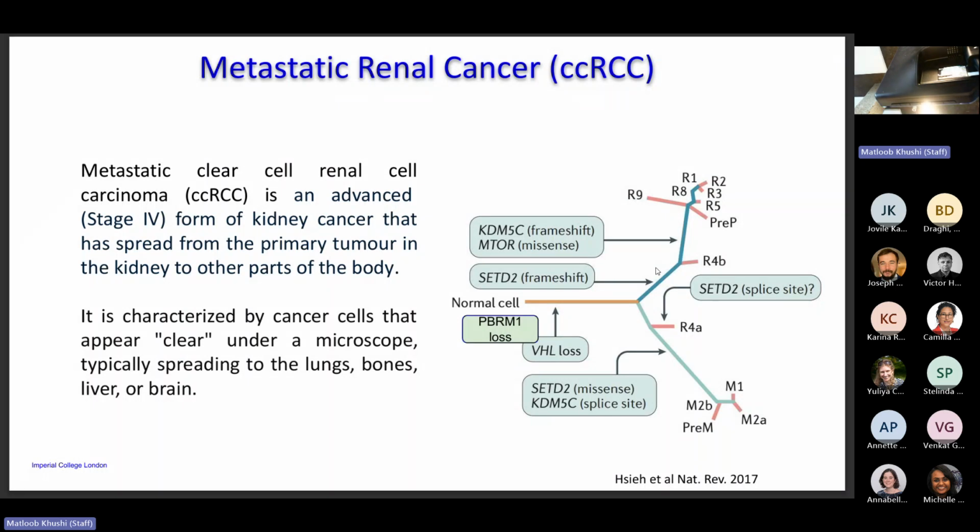Even at the earlier stages, if you try to surgically remove these tiny tumors that you detect, most of them are benign, and the surgical procedure causes more harm than the actual disease. The metastatic tumors can spread to places like the bone, lungs, and brain.